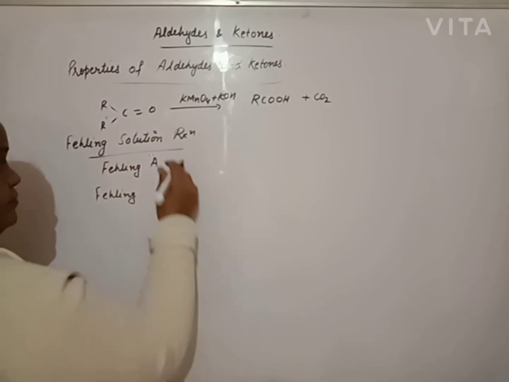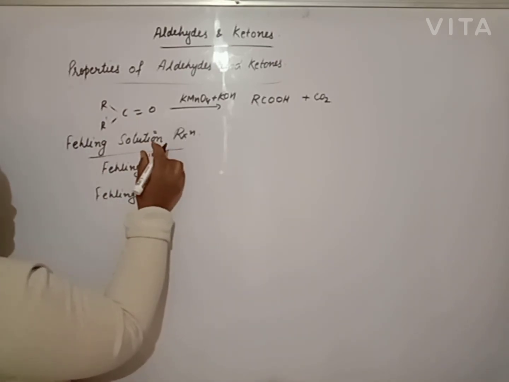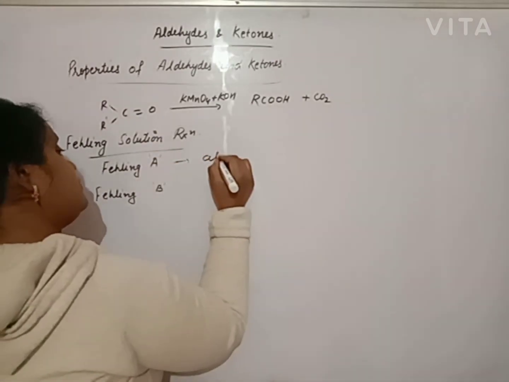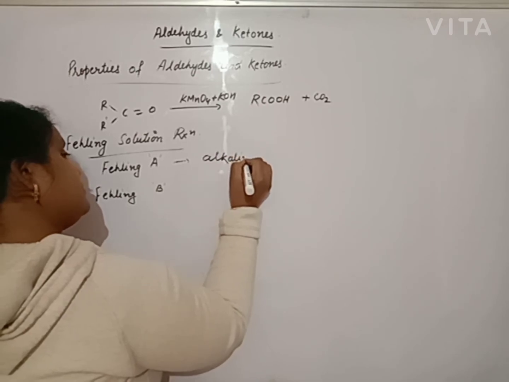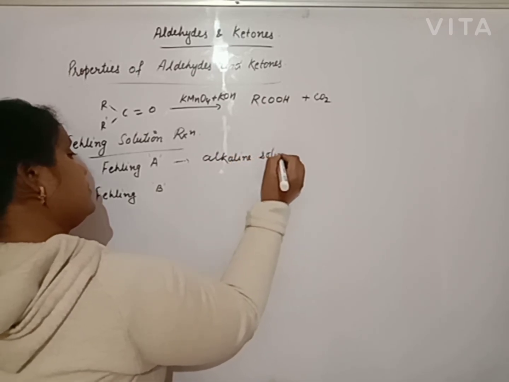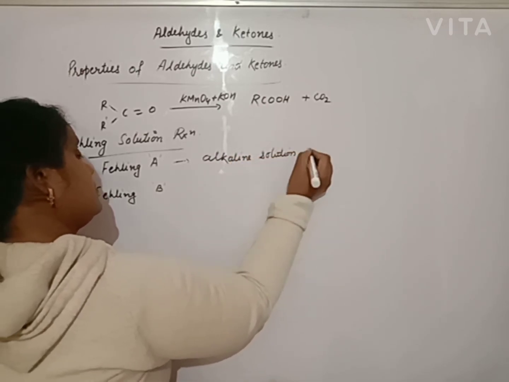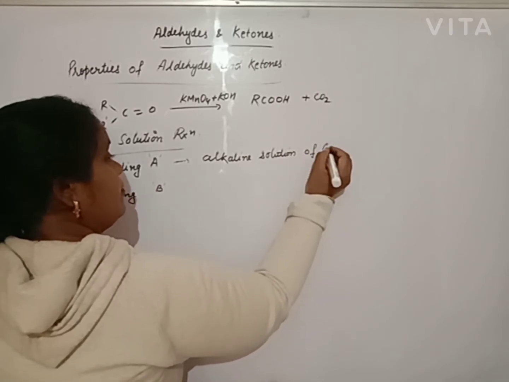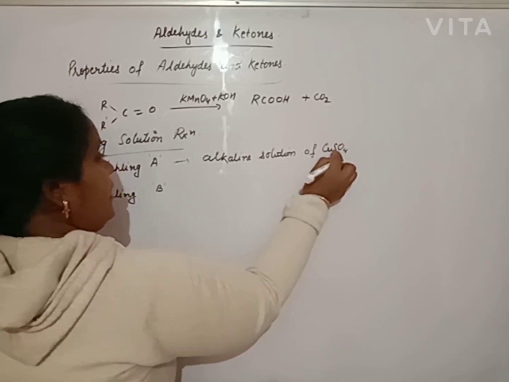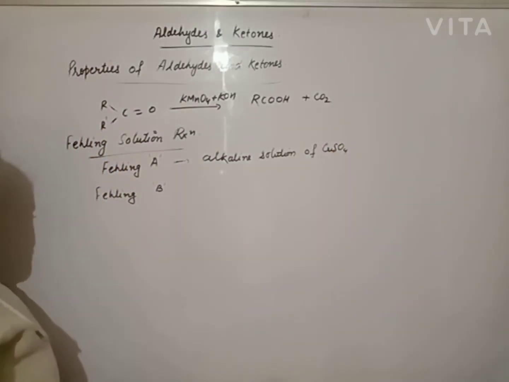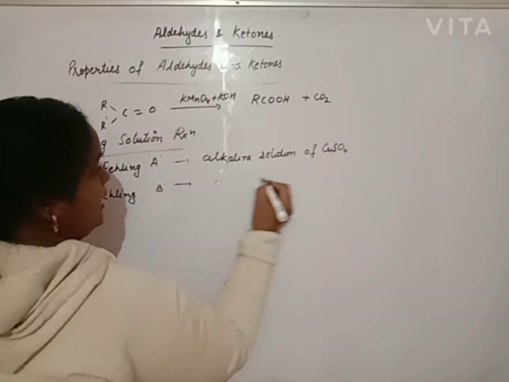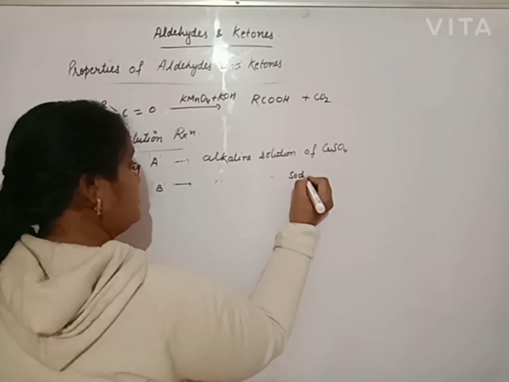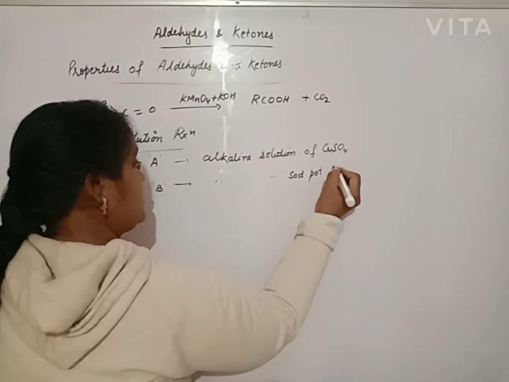Fehling A is an alkaline solution of copper sulfate, and Fehling B is the alkaline solution of sodium potassium tartrate.